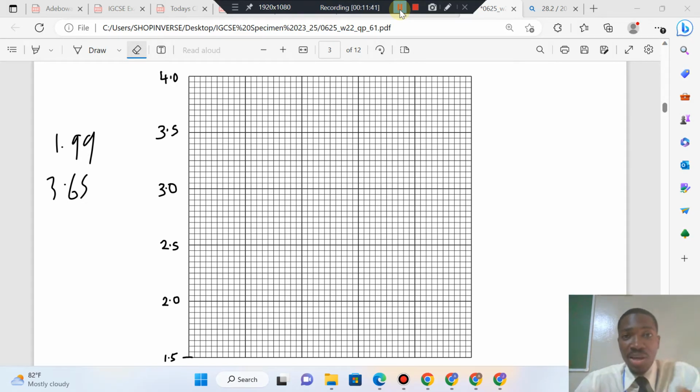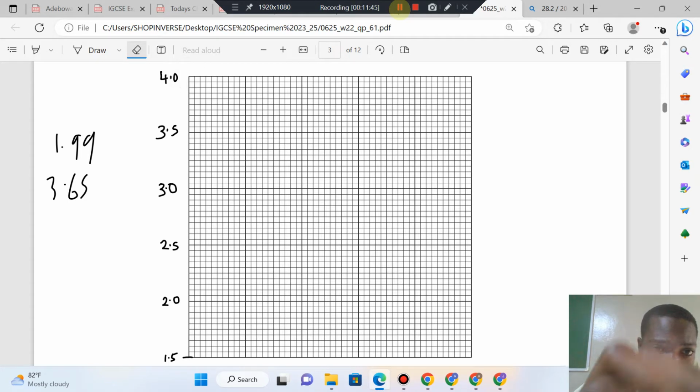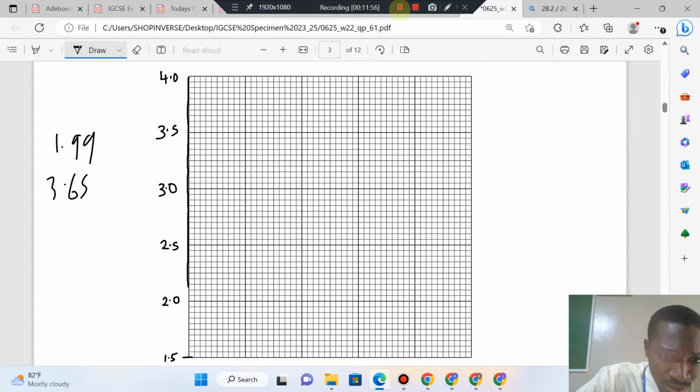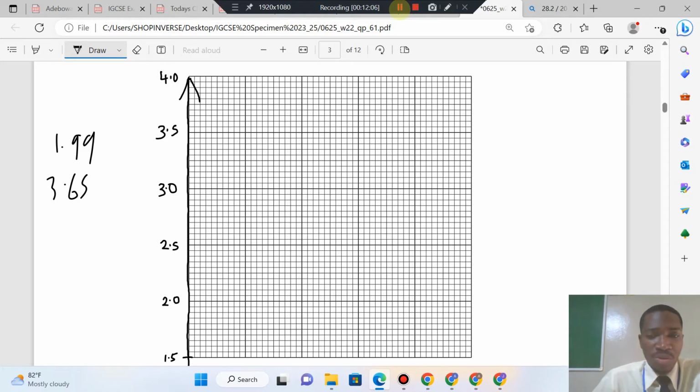You use your pencil and ruler. While doing this, you must use your ruler. This is very important. So you draw this vertical line, which is your y-axis, at this edge, and you name it your y-axis. You have to put your arrow here, and then you label it y-axis. What are you plotting on your y-axis?